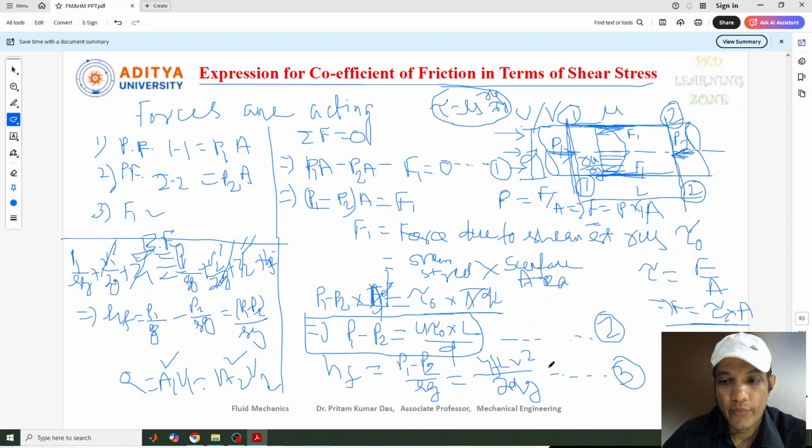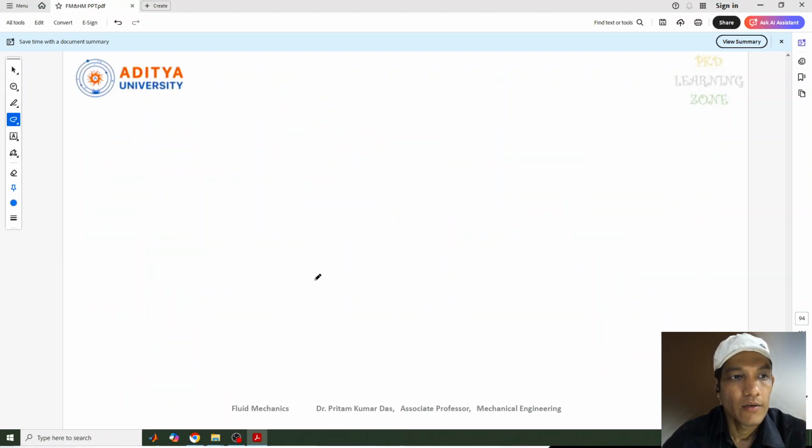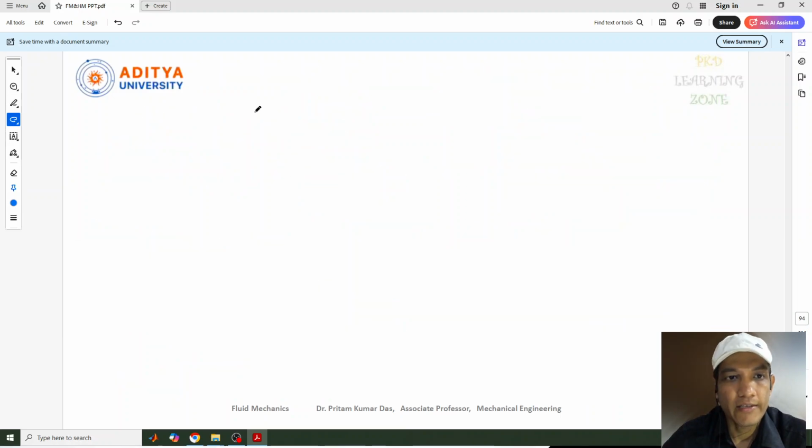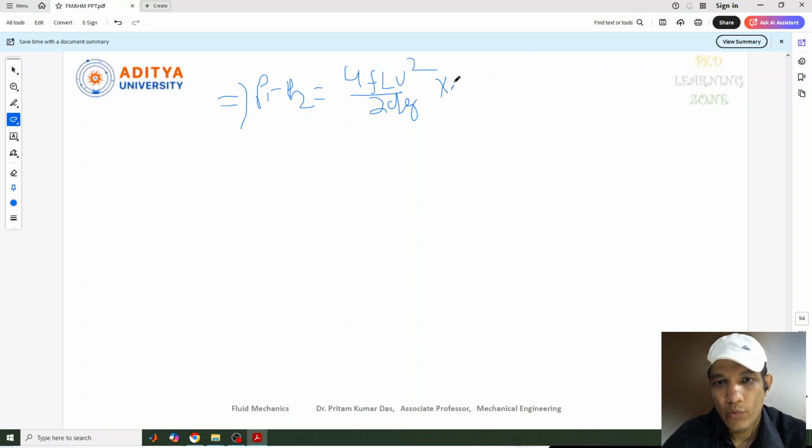So from equation 3, I can get P1 minus P2, which is 4 f L V square by 2 d g into rho g. Here g will be cancelled, and we can write 4 f L V square rho by 2 d. This is equation 4.